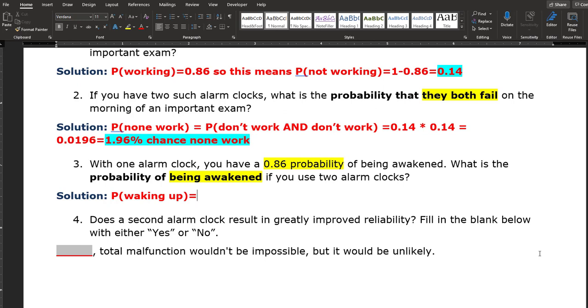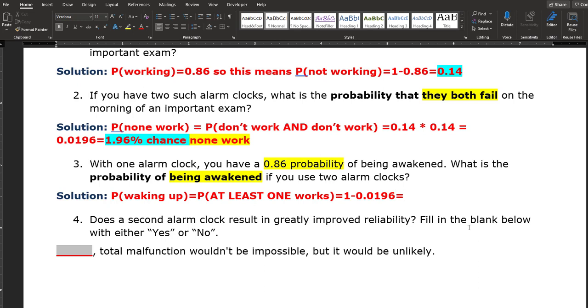So your first one worked, your second one maybe didn't, or your second one worked and your first one didn't, or both of them worked. That's the probability of at least one works. And since we already have the probability of none working, like we found it in part 2, just right up here above, all we need to do is say, okay, 1, take away the probability of none.